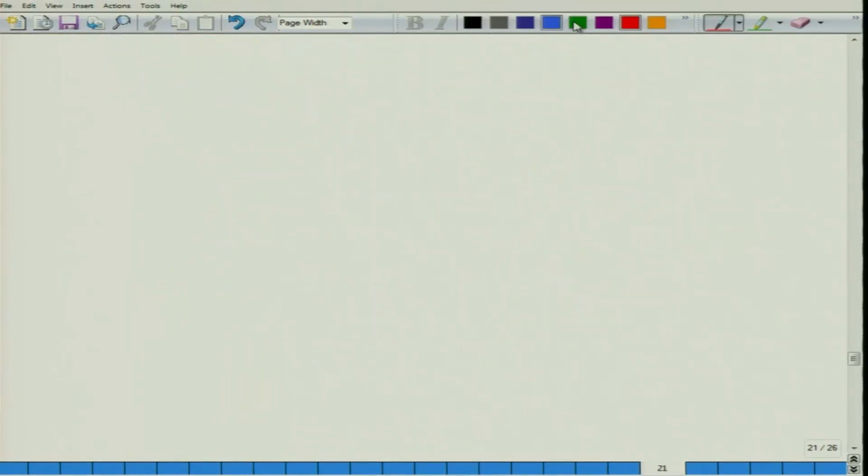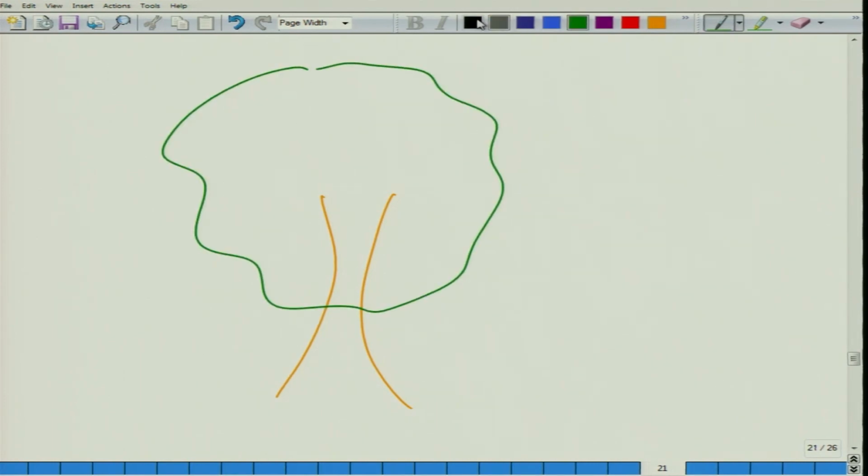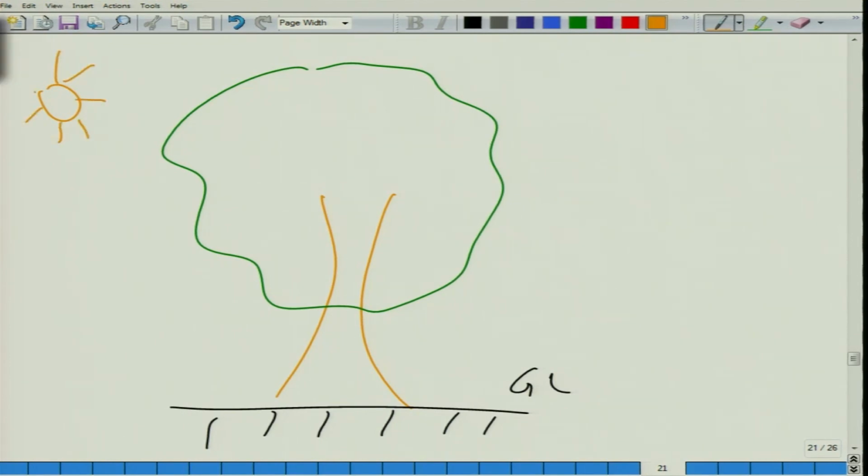So, when we have a tree, this is the ground level. Now when we look at the sun, that is giving out light, and light is an important component of photosynthesis.